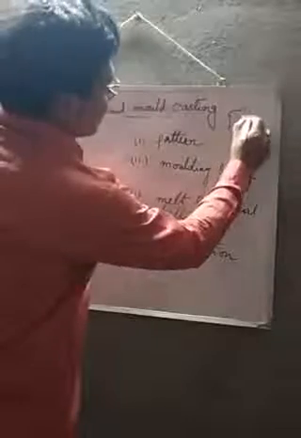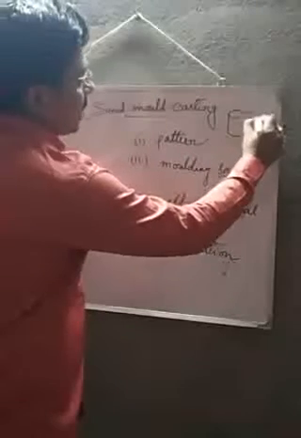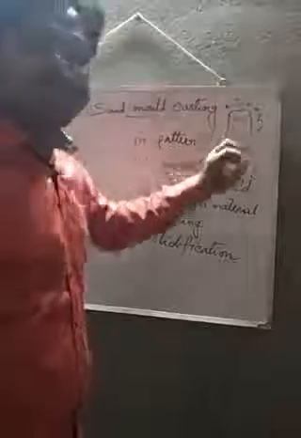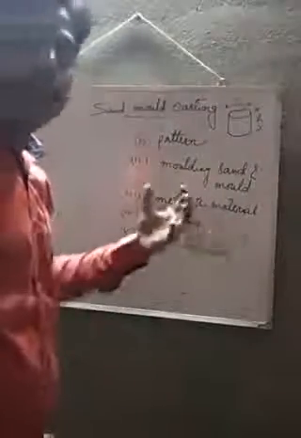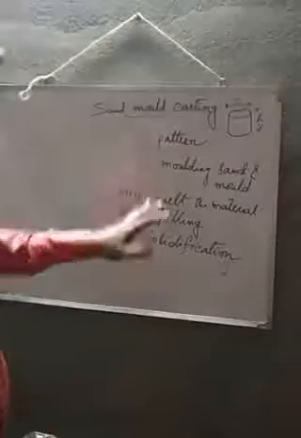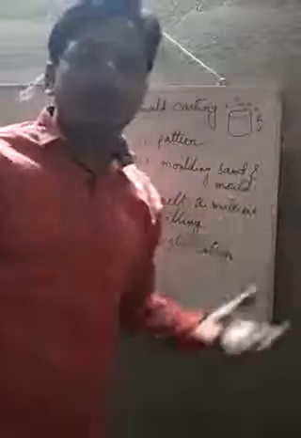Suppose this is the product, which we will make by the casting process, and it has some dimensions, like the height H and the diameter D. So the pattern is the replica of this job, but there is a little difference in dimension between the pattern and the product, and this difference is called the allowance.